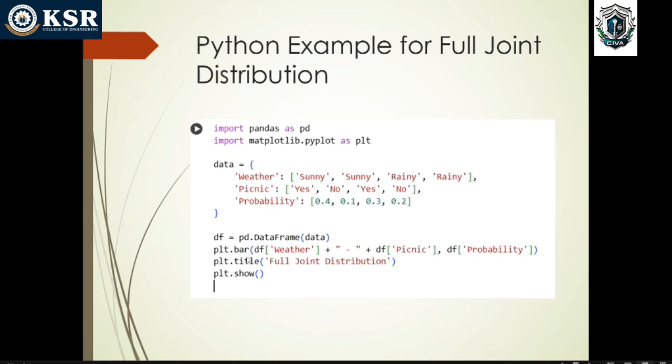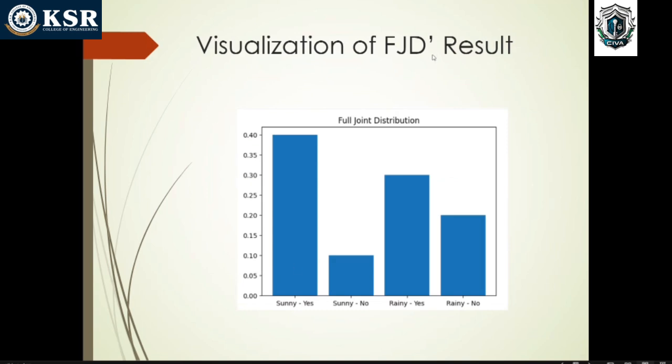I will explain it later after the visualization of the code. And then plot title. This title is shown in the bar chart visualization. At the top, the title is shown as full joint distribution. The next is plot show. After I write this code, I get the output like this, the full joint distribution result.